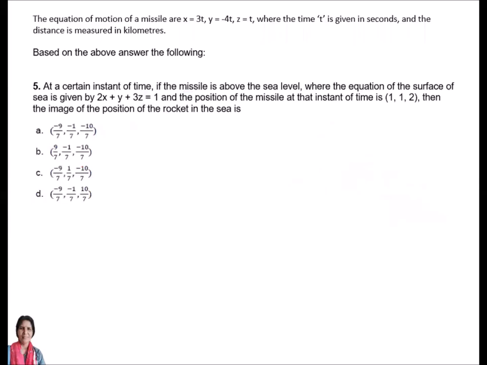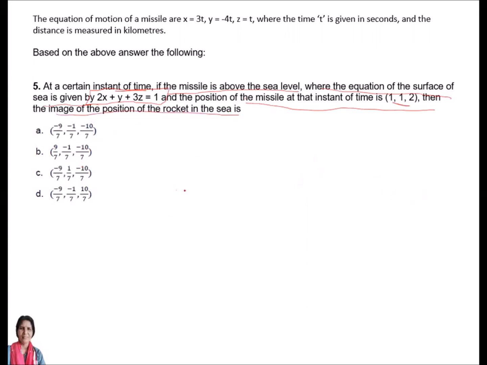Question number 5. Of course, this is a very important question. At a certain instant of time, if the missile is above the sea level, where the equation of the surface of the sea is given by 2x plus y plus 3z is 1, and the position of the missile at that instant of time is (1, 1, 2), then what is the image of the position of the rocket in the sea?